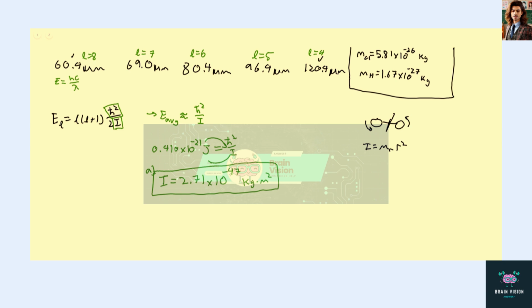All right, but now the question asks still more from us. C, it wants us to use our result from part A, which is here, to calculate the equilibrium separation of the atoms in the hydrogen chloride molecule. But luckily, I already wrote down the relation here, and we have this, and the reduced mass is just mass 1 times mass 2 over their sum.